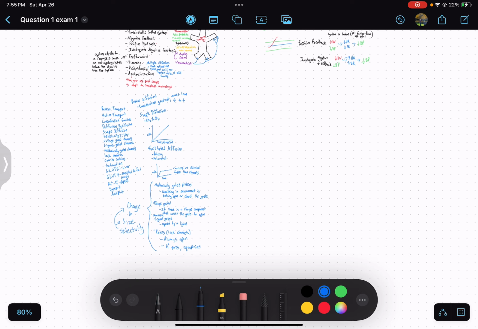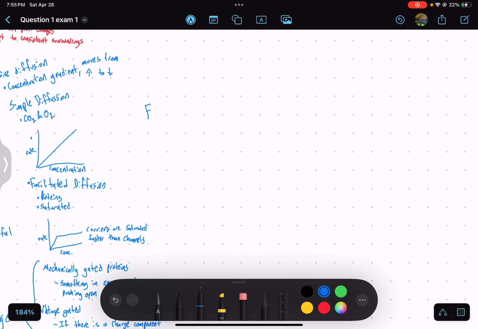We're going to talk a little bit about Fick's law here as well. Fick's first law of diffusion. That is going to be your net rate of diffusion equals a negative diffusion coefficient, multiplied by the surface area of the cell, multiplied by the difference in the concentration, divided by the thickness of the cell.